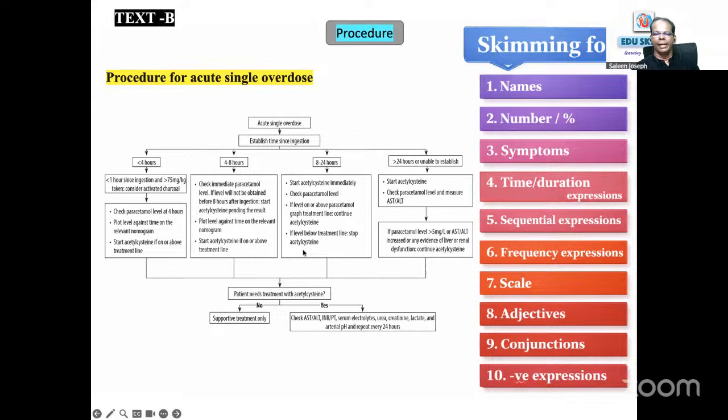Below this you have important headings like patient needs treatment with acetylcysteine. Here you see No and S. No means no need of this medication. S means yes, need medication. So the questions will be based on these no, yes, hours, single dose, and the time of ingestion.